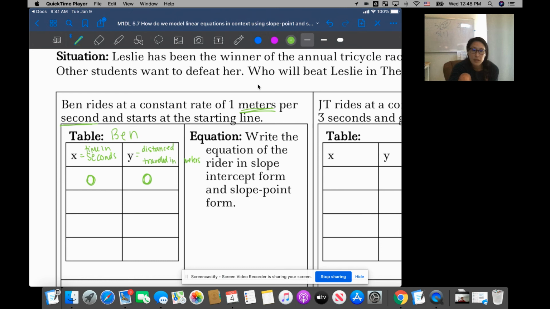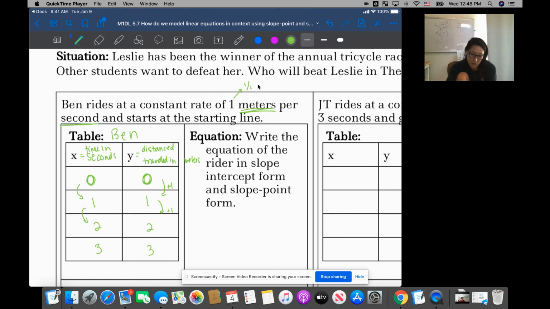And then it says he travels 1 meter per second. So if I add 1 meter, how many seconds do we add? We add 1. Basically, that's his 1 meter per 1 second. Okay, so we're going to add 1, giving us 2. We're adding 1 to 1, giving us 2. And then at 3 seconds, he's at 3 meters.